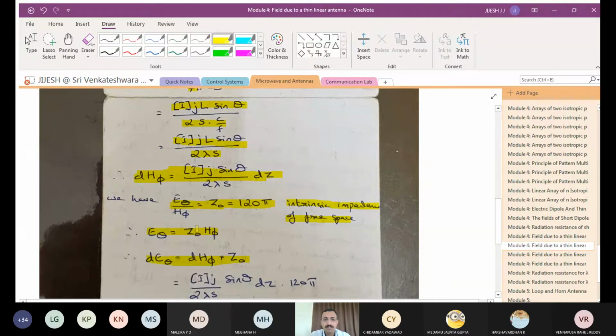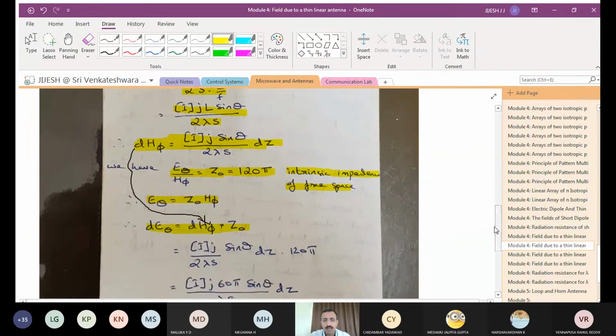So E theta is equal to Z naught H phi, and dE theta is equal to dH phi into Z naught. Now I have to bring back this equation and substitute dH phi here. So what I am going to get is I j sin theta divided by 2 lambda s dz into Z naught, which is replaced as 120 pi.